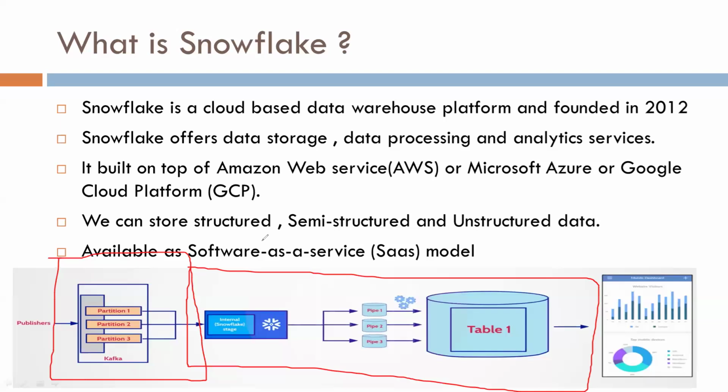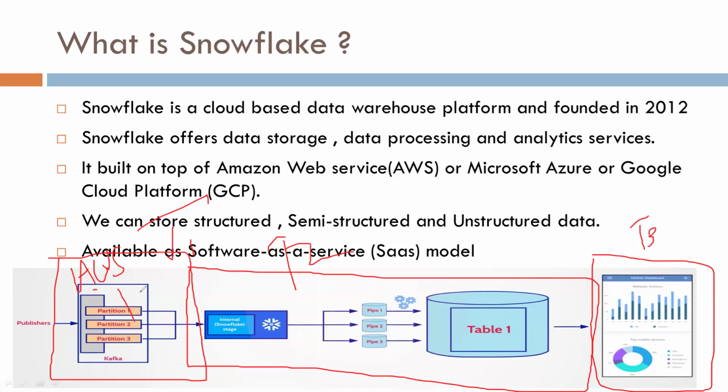This is the source system. Here we have team one, team two, and team three. Going forward you are going to learn more in detail, but just try to understand. Here we have a source system like AWS or Azure or a Kafka system.